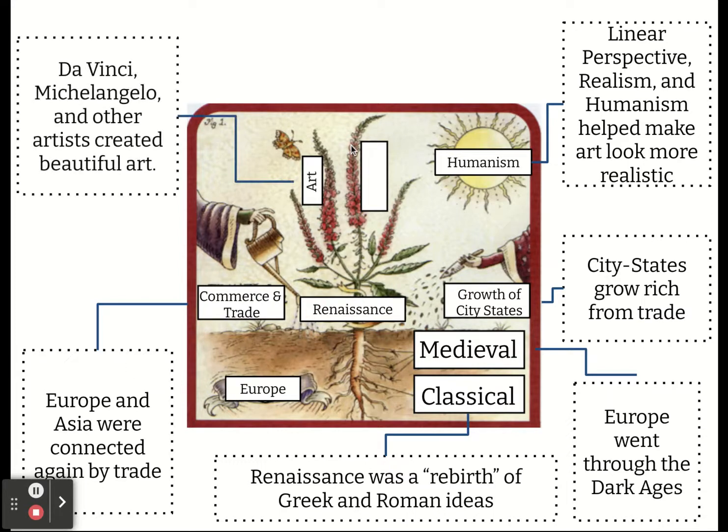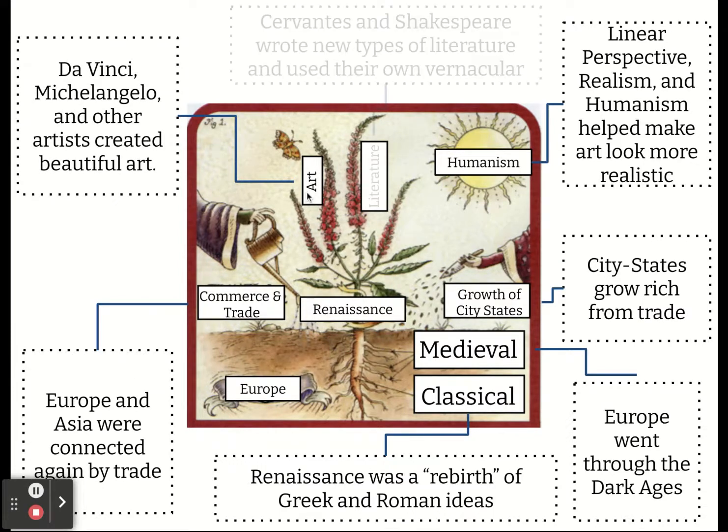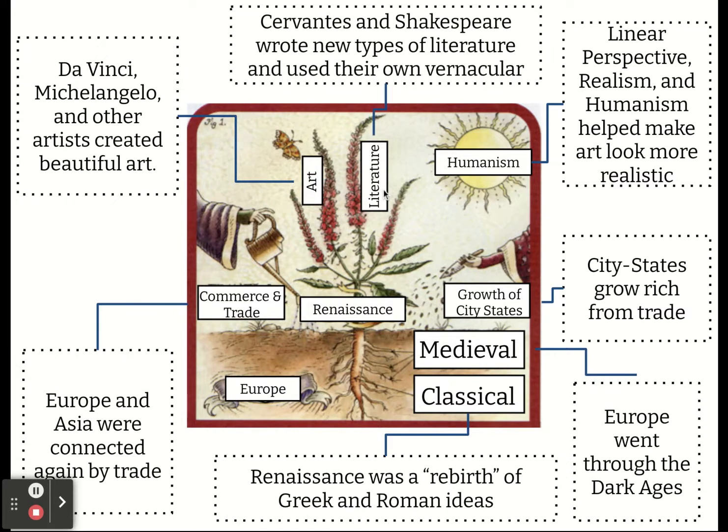Okay? Next, we got art and literature. We talked about this for a long time. Mostly we talked about art, but we talked a little bit about literature. The art was different and new and deeper and cooler than what had been in the medieval time. Remember, they're bringing it back to classical cool art. Da Vinci, Michelangelo, other artists created this beautiful art, and we were analyzing it, and you guys were really good at that.